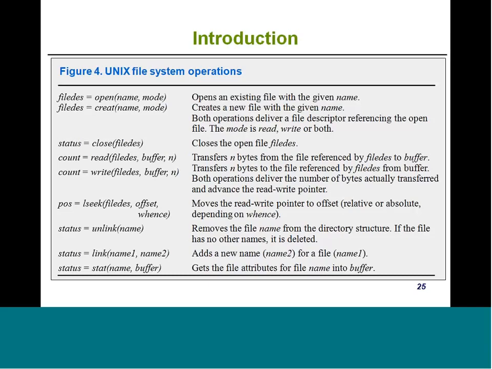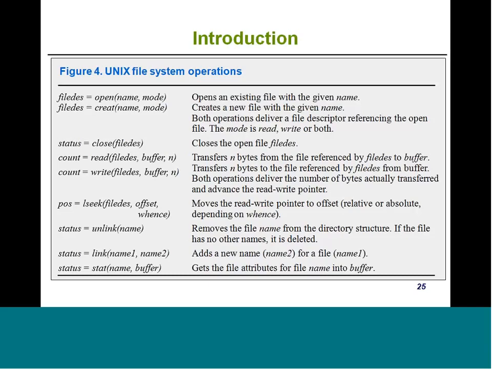We can give the count. Here we just store the count in a variable called count. So the command is again read filedes, buffer, n. Essentially the buffer stores n bytes read from the file, and that's what is in the count.